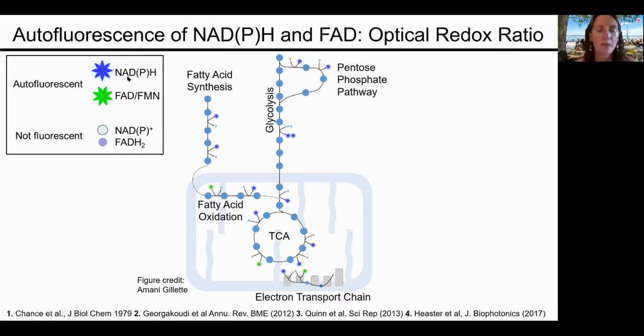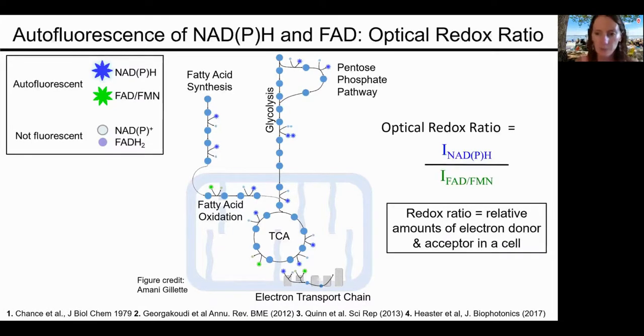So first of all, NADH and NADPH are spectrally overlapping, and they have overlapping fluorescent properties. So we refer to them collectively as NAD(P)H. And FAD and FMN are also closely related in their spectral properties. So this is a combination of both of those molecules. So you can see we produce NADH and consume NADH in various metabolic reactions.